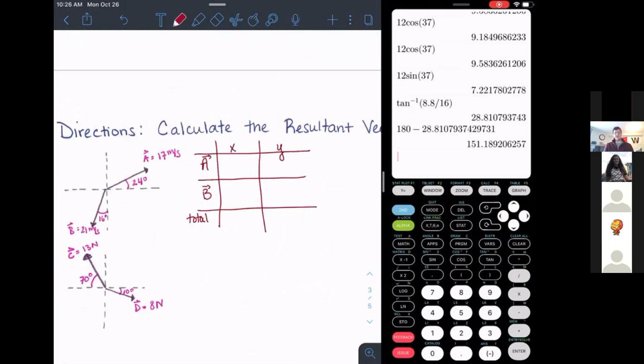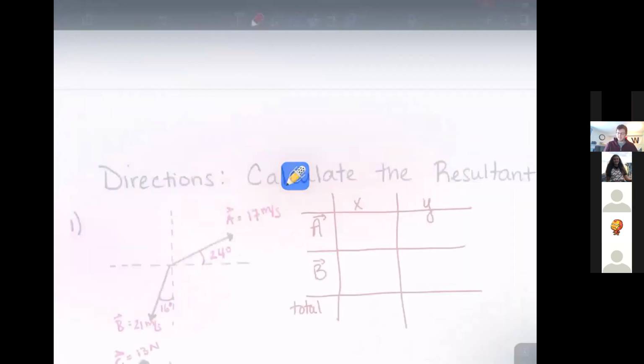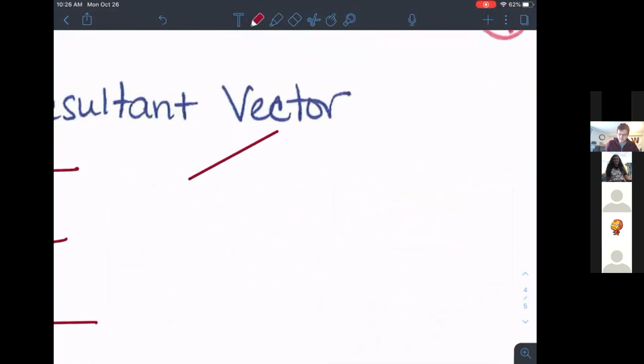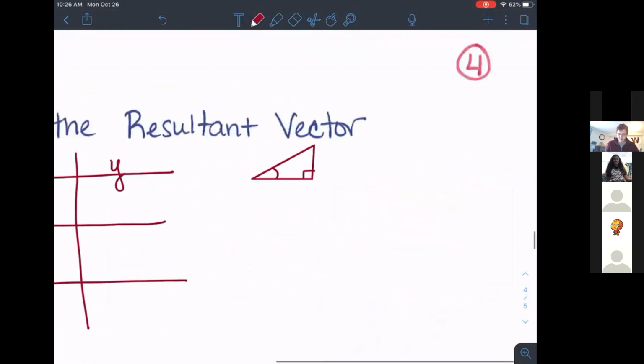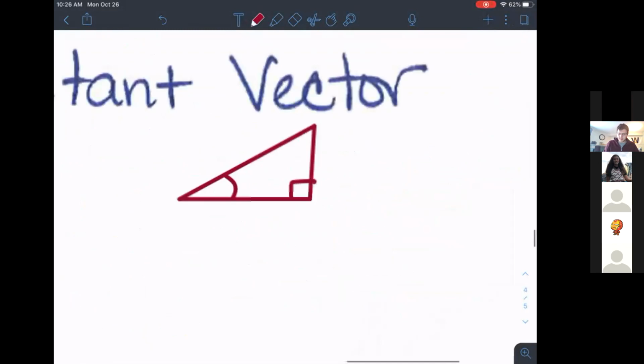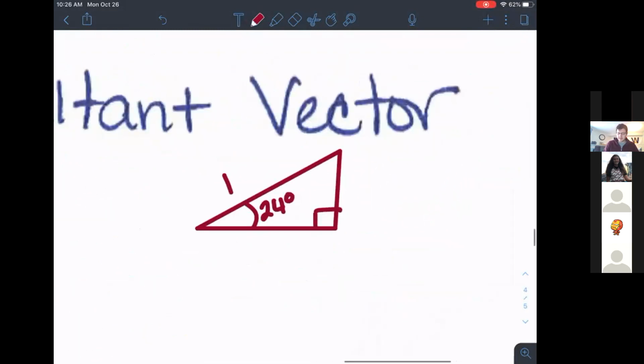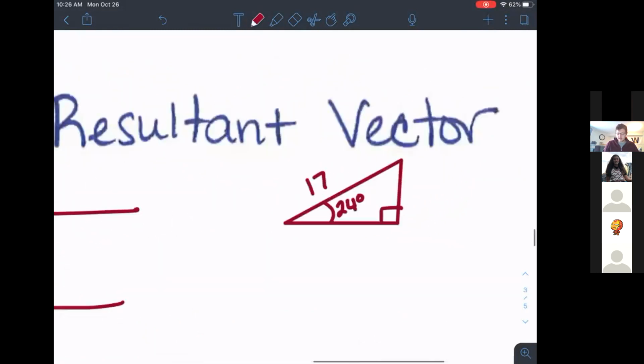So we're going to start with A, or do we want to start with B? A, perfect. So we're going to draw our triangle for A, and we have an angle of 24 degrees and a magnitude of 17 meters per second.